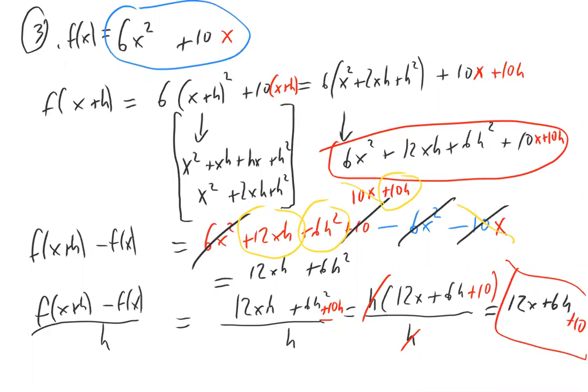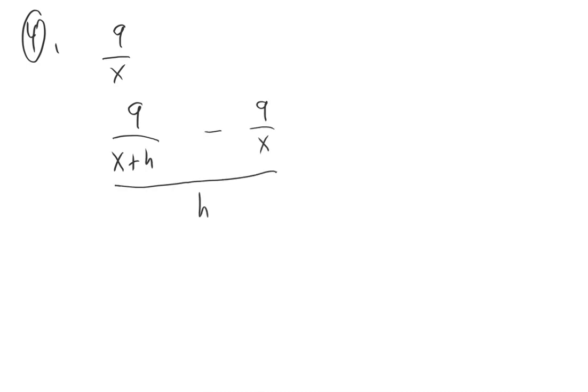All right, so now let's try number 4. So 9 over x, and we're doing the same thing, so we're going to plug in x plus h inside of it. So plug in x plus h for the x, and then you subtract the original function, and then you have it over h.